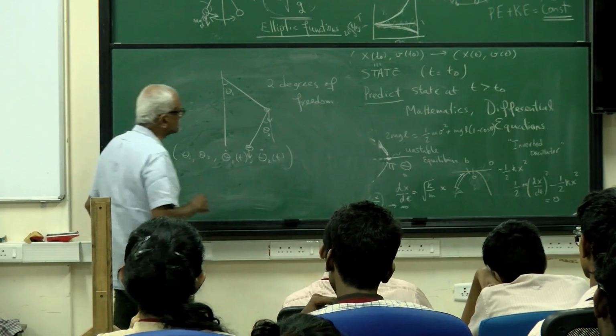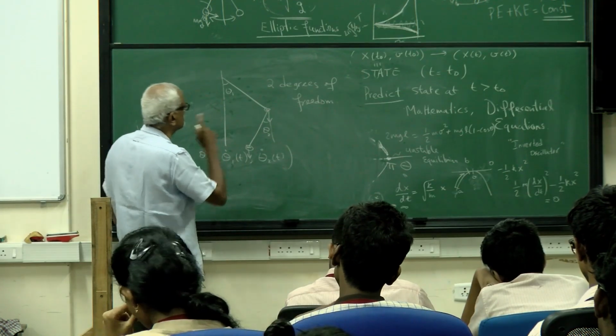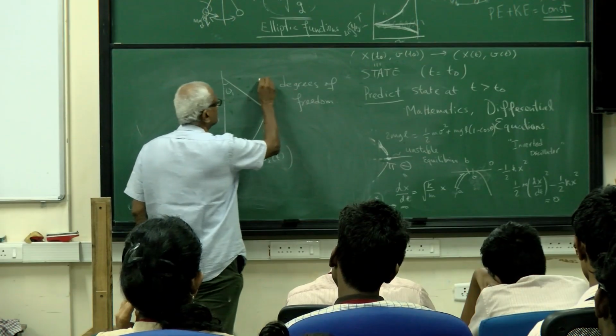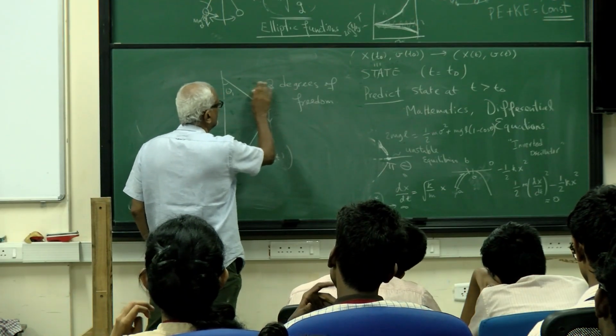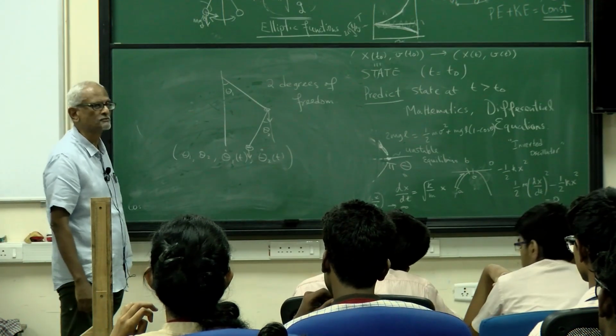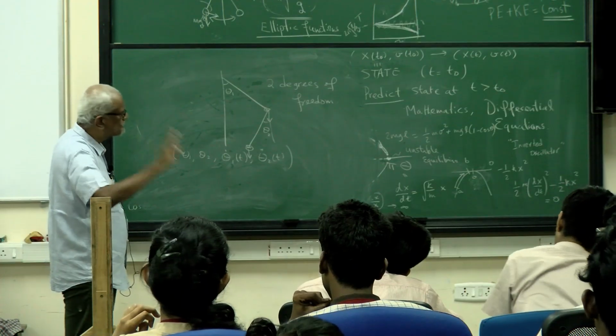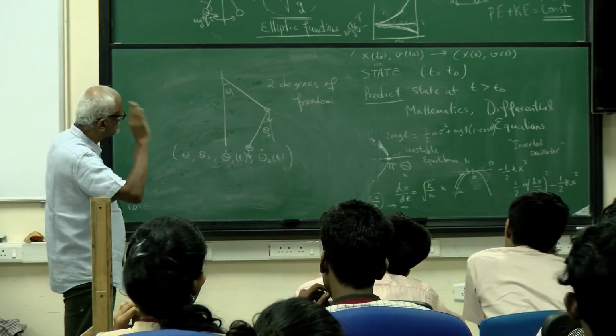So that is one thing that I want to just mention in this. But first of all, the major difference is that there are 2 degrees of freedom, and this means that you are in a higher dimensional state space. Okay, but otherwise, equations of motion are still Newton's laws.